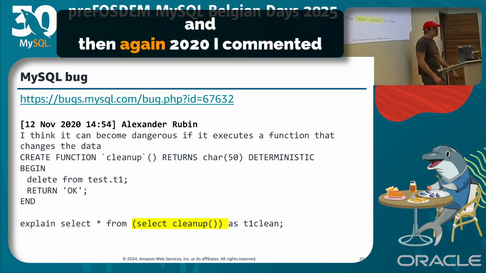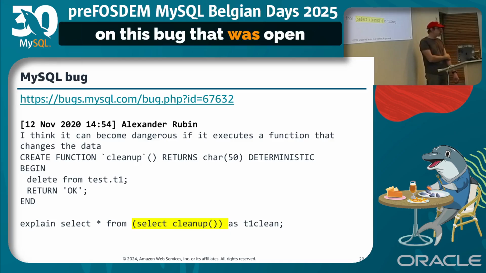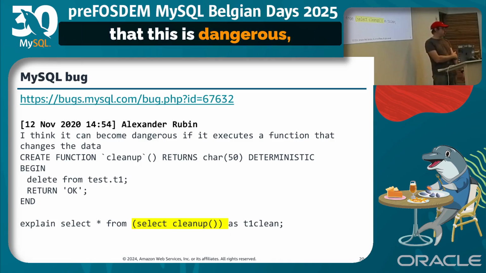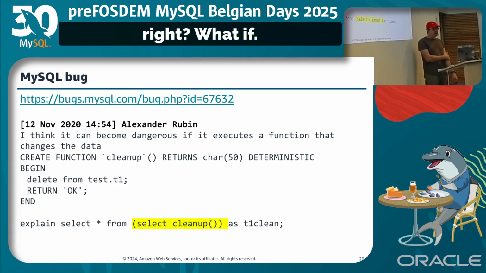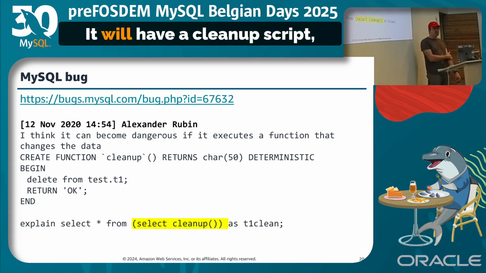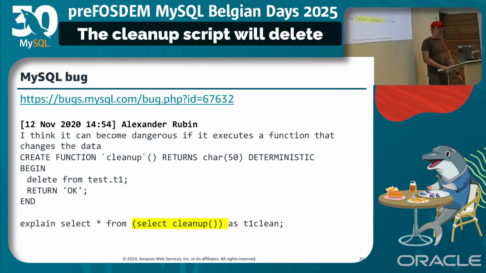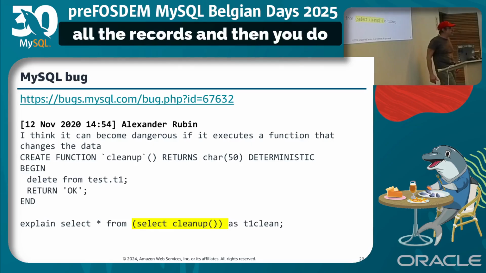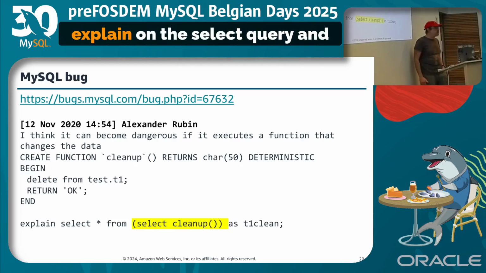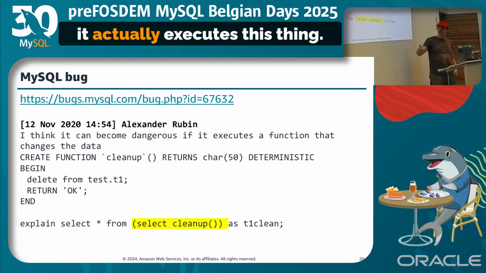And then, again in 2020, I commented on this open bug that this is dangerous. What if it has a cleanup script? The cleanup script will delete all the records, and then you do explain on the select query, and it actually executes this thing.